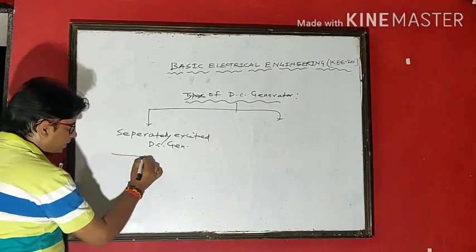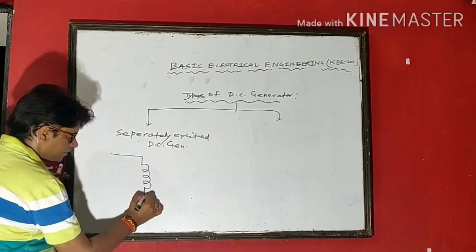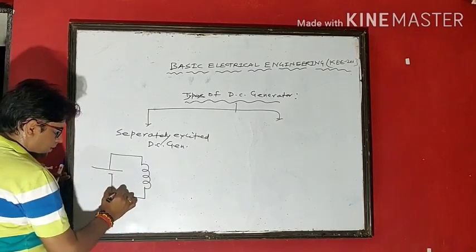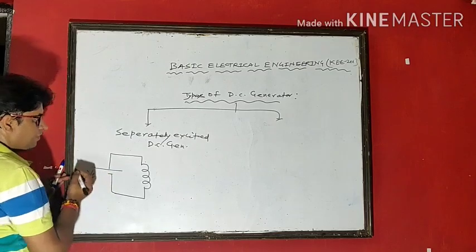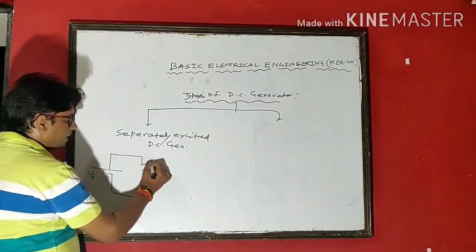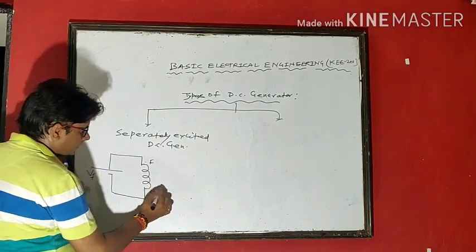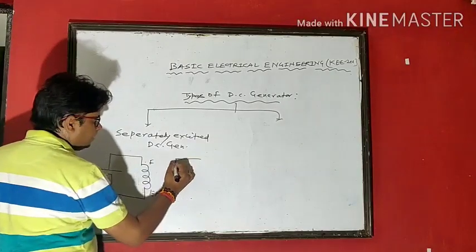That means in DC machines, one is field, the other is armature. This is your field winding. This is excited by the field voltage. This is F and this is FF. This is excited by the external devices.